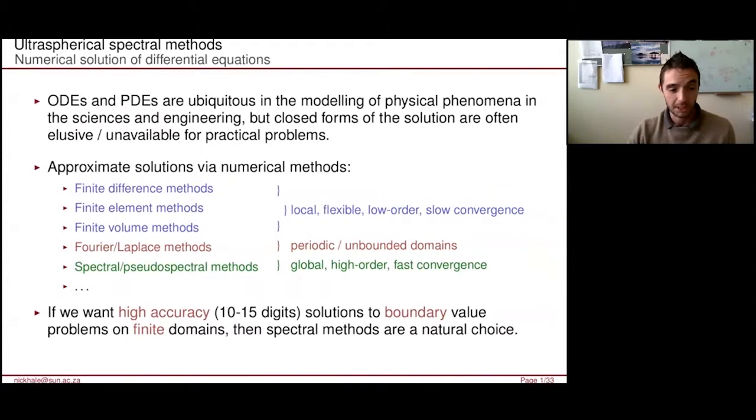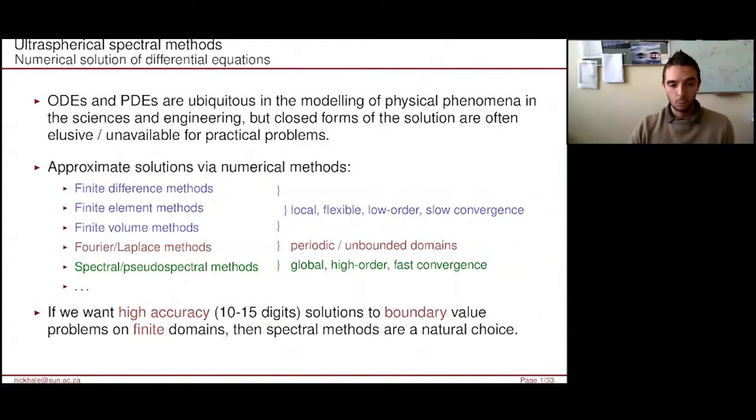Well, they're global in nature. So this usually means we end up with dense matrices, particularly with the collocation approaches. But what I want to talk about today with these ultraspherical methods is a way of getting sparse matrices when we do spectral methods. And the other thing that characterizes these spectral methods is that they're high order in accuracy, so we can typically get very fast convergence using very small discretizations.